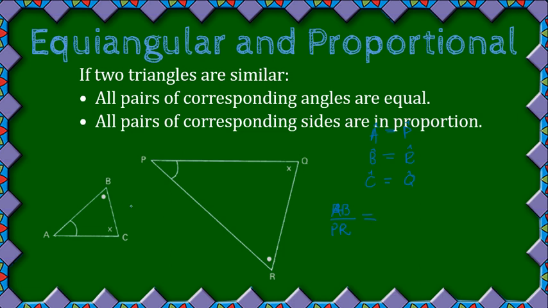That would be equal to BC, and from B to C is the same as from R to Q, so BC over RQ, is equal to, and finally AC over its proportional side, from A to C is the same as from P to Q. So this tells us that AB over PR is equal to BC over RQ is equal to AC over PQ. That just means it's in proportion: this side over its corresponding side is equal to this side over its corresponding side.